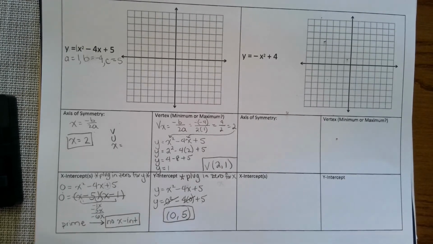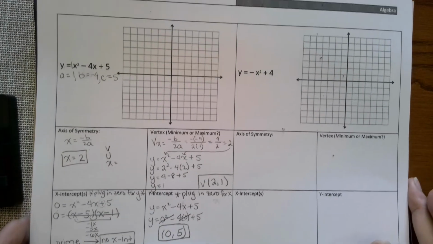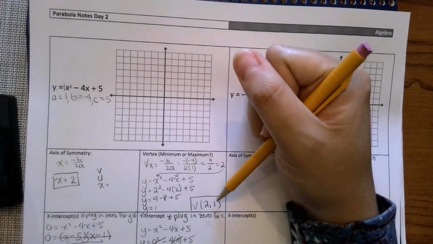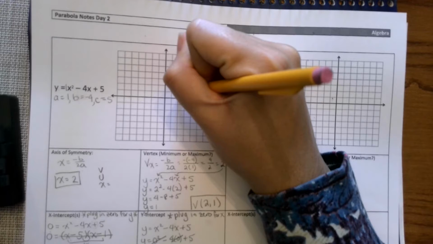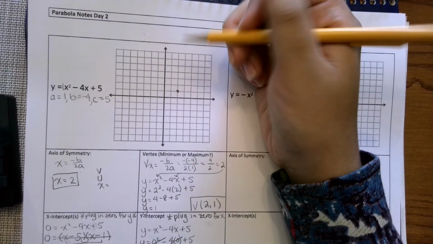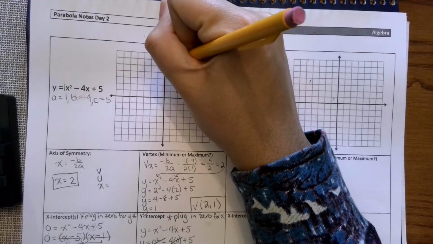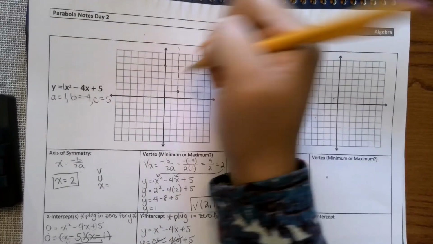Okay, so let's go ahead and look at the graph here and graph what information we have. So we know our vertex is going to happen at (2, 1). And we know our y-intercept is happening at (0, 5). And I know my axis of symmetry is the vertical line, and I always draw it as a dotted line.